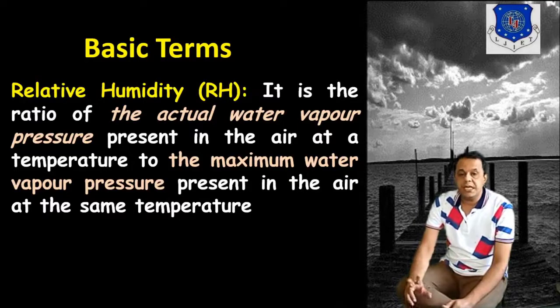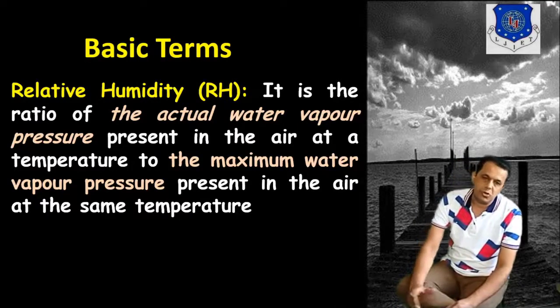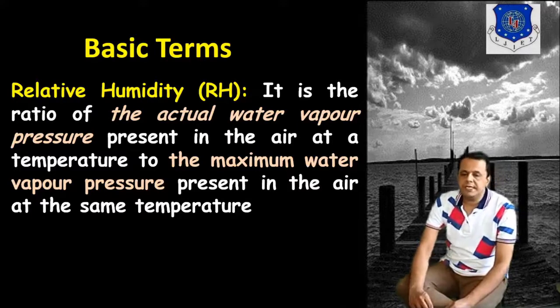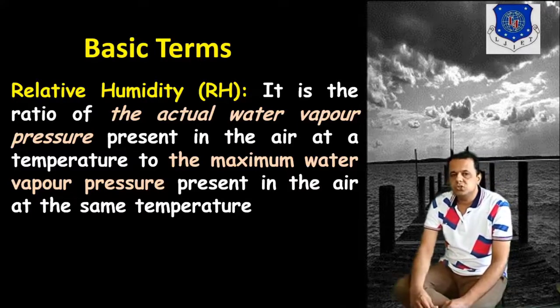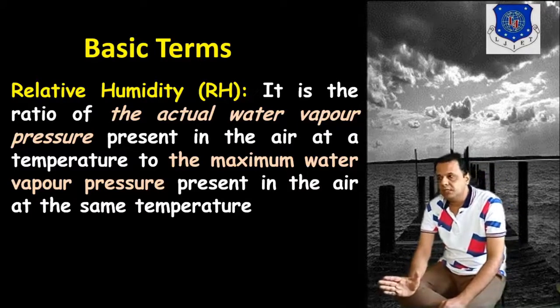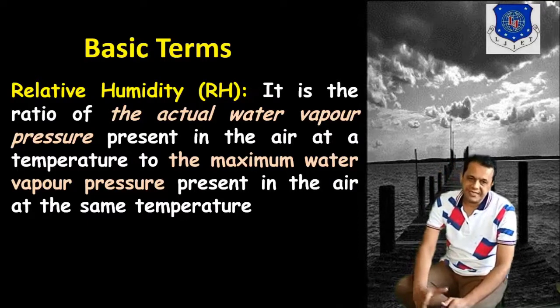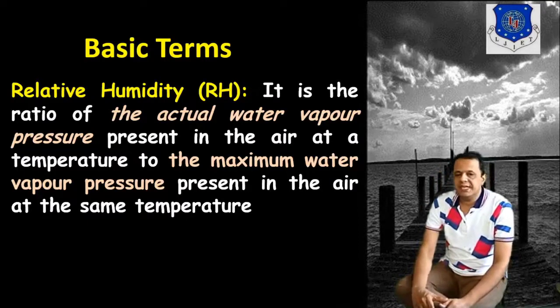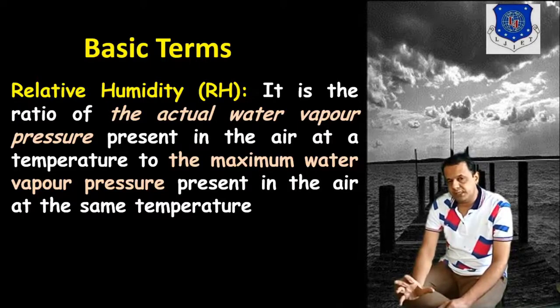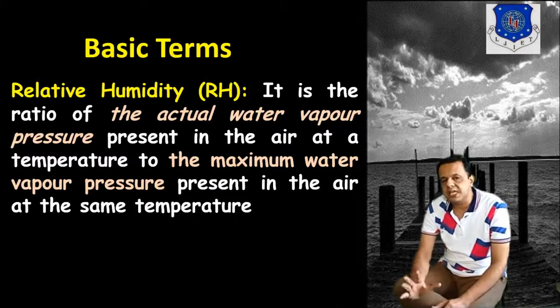Next comes relative humidity. Relative humidity is one more important term, and it is again a ratio. It is the actual water vapor pressure present in the air at a certain temperature to the maximum water vapor pressure present in the air at the same temperature.